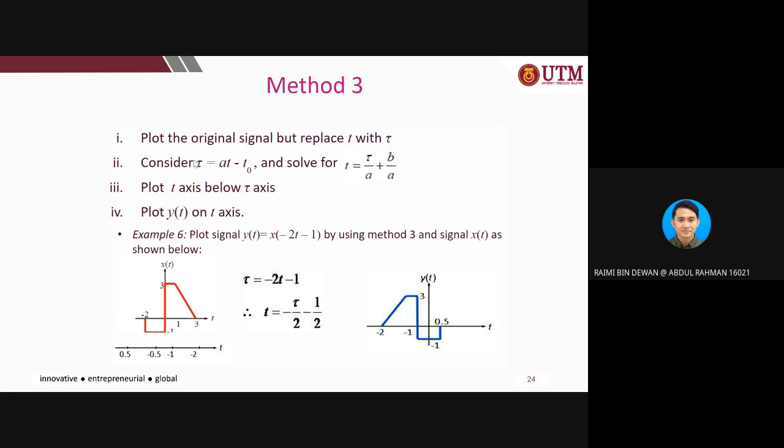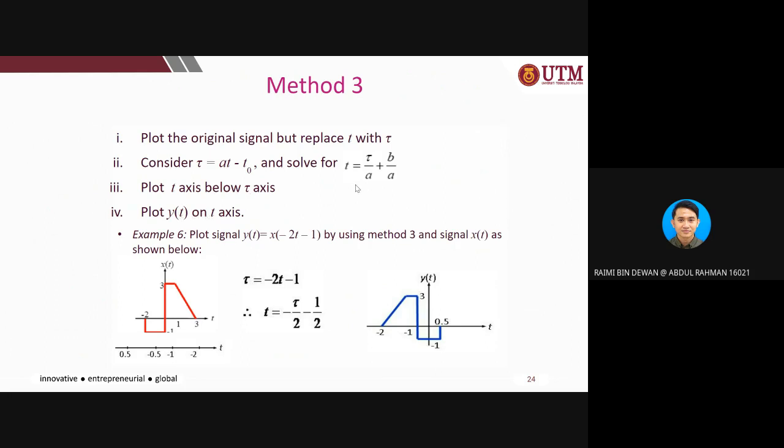Then you consider tau equals to at minus t naught, and you solve for t, making t the subject of the equation. In Malay we call it perkara rumus; I forget the English term. Then plot the t axis below the tau axis and plot y(t) on the t axis.